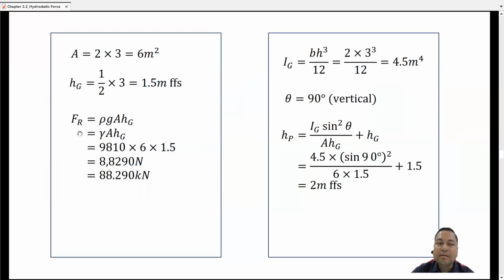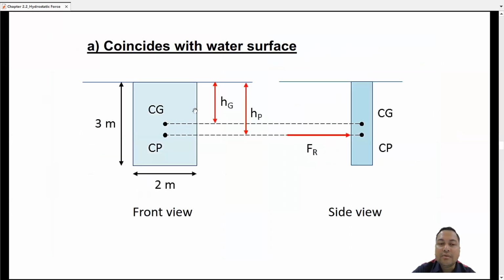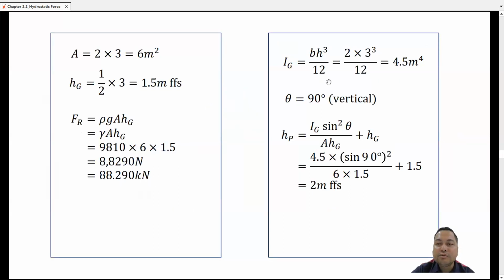So we can obtain the hydrostatic force F as 88.290 kilonewton. To determine the location where it acts, or Hp, we can use this equation. We need to find the value of Ig. As this is a rectangle, we can use b h cubed over 12. We get 4.5 meters to the power of 4.